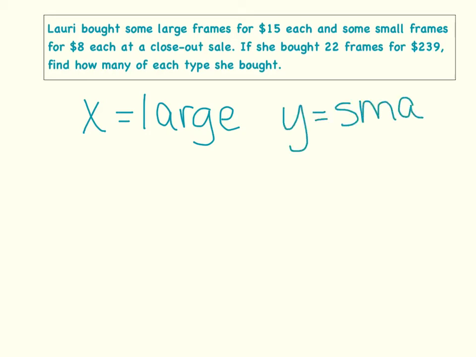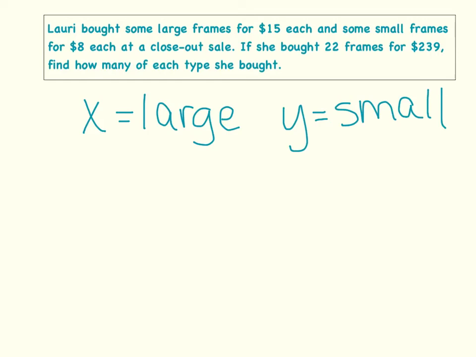Now you could also choose other variables. You could choose L for large and S for small. I like to use X and Y. I also notice in this word problem that there are two totals that they give us. They tell us that she bought 22 frames and for a dollar amount of $239.